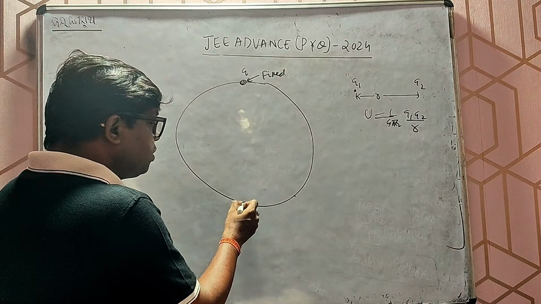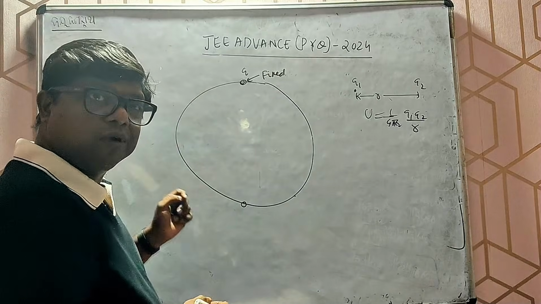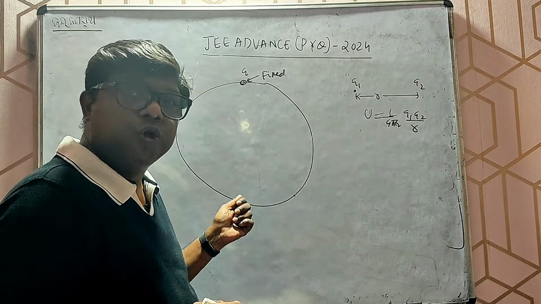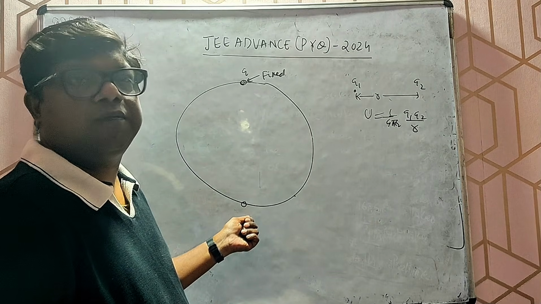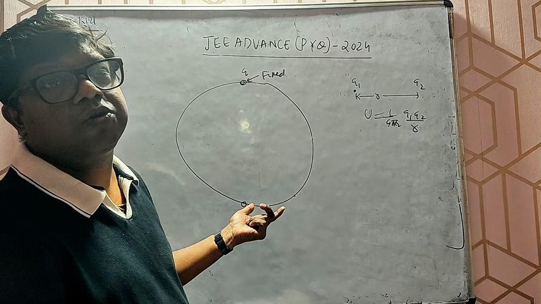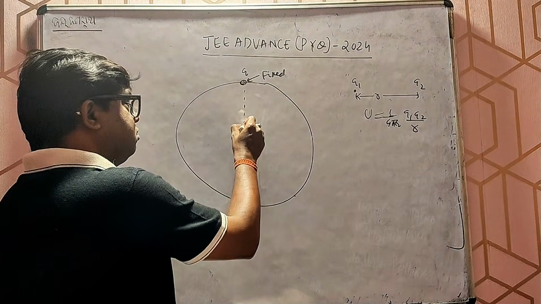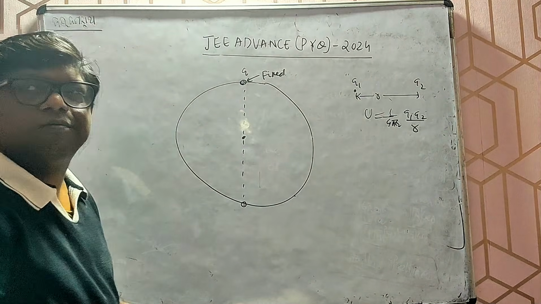If it is placed at this point, this is the maximum distance, where maximum distance means potential is minimum. So the other charged particle should be placed at the equilibrium position. Distance will be maximum at the equilibrium position, so the distance maximum means 2r. First, you have to find the equilibrium position.